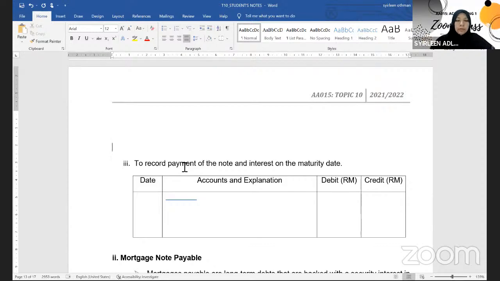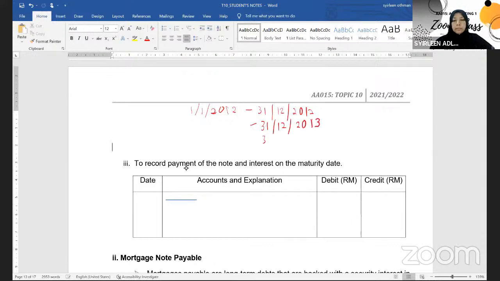Alright, so your tenure starts from 1st of January 2012, until 31st of December 2012. Alright, okay, so this is 1 year. So that means nanti 31st of December 2013 is another year.